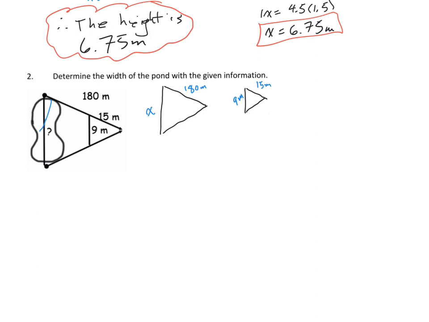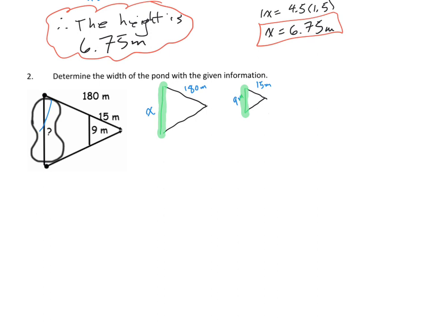So now the first thing we said we had to do is highlight the corresponding sides. The thing that's missing here is the X side, so this is the side we're going to highlight. So we have X and 9.